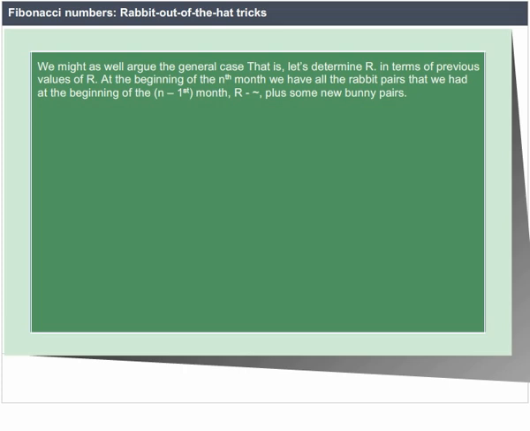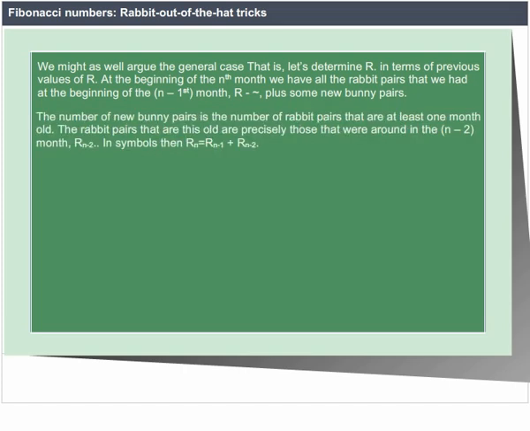The number of new bunny pairs is the number of rabbit pairs that are at least 1 month old. The rabbit pairs that are this old are precisely those that were around in the (n-2)nd month, R(n-2). In symbols, then, Rn equals R(n-1) plus R(n-2).